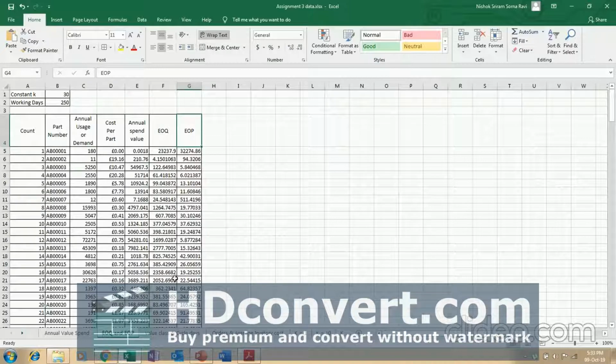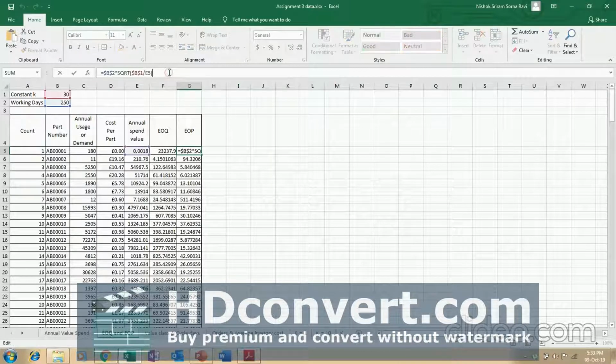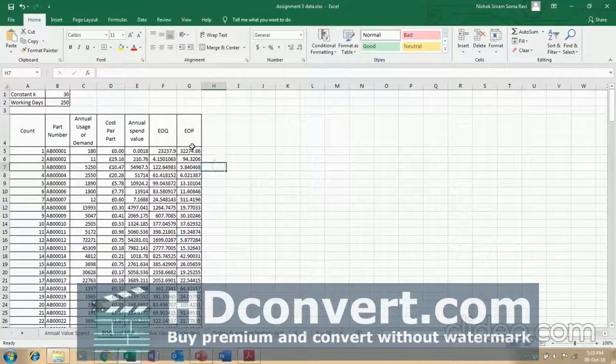The formula for EOP in the spreadsheet is this. B2, being the working days, is multiplied by the square root of B1, the constant K, all divided by E5, the annual spend, which gives us the EOP value.